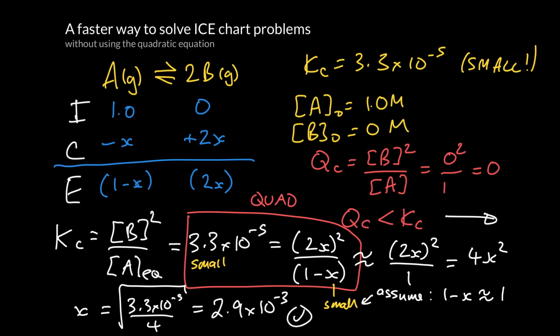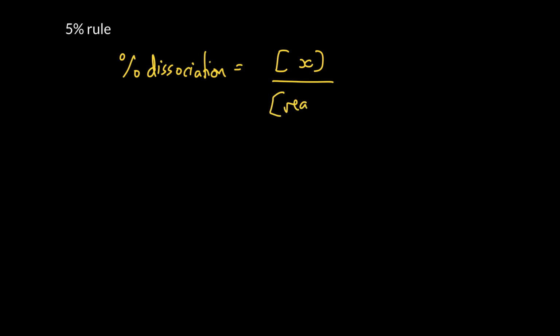We have a rule called the 5% rule that is a way that we sometimes use to see if this check is allowable. Let me call up another slide and explain how we use this 5% rule. The 5% rule basically says as long as less than 5% has broken apart, we are okay. So we can calculate the percent dissociation, the percent of the breakdown, and that is essentially the value of x that we got divided by the original concentration of reactants times 100.